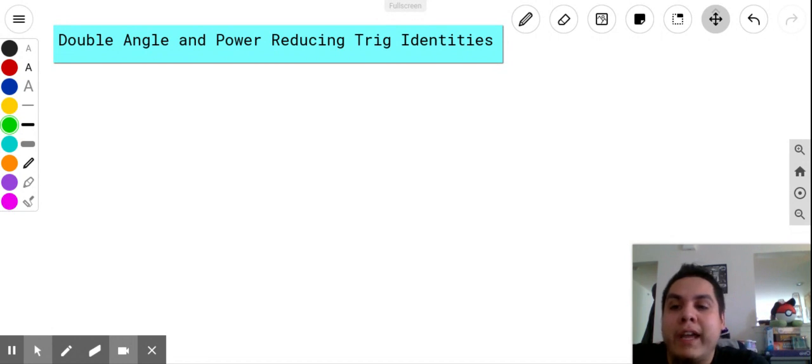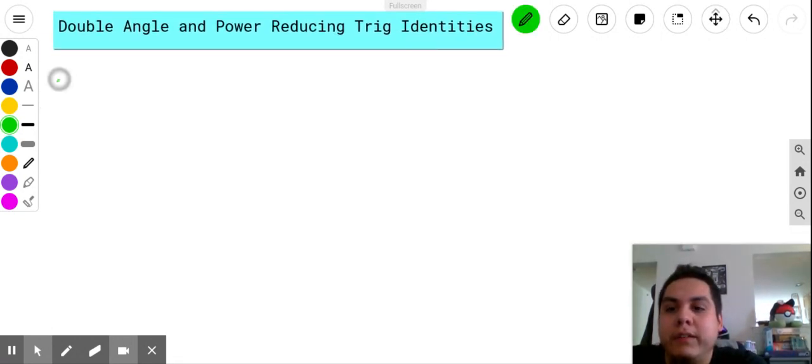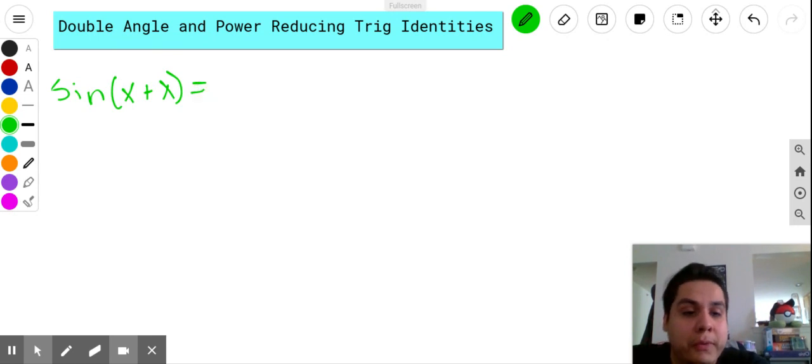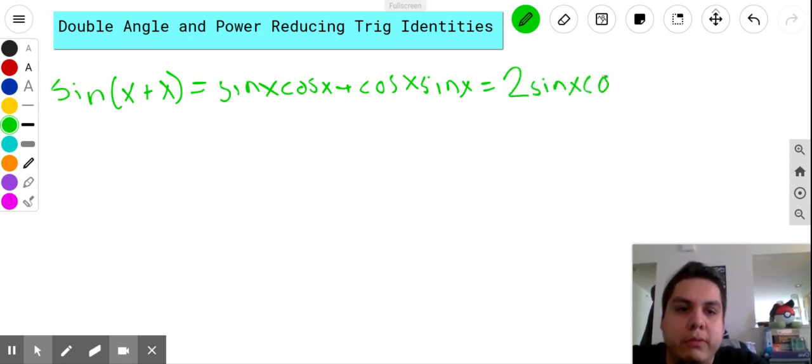So when I asked you to find sine of x plus x, well, according to our sum identity, we know that'll give us a sine of x cosine of x plus a cosine x sine of x, which comes out to 2 sine of x cosine x because you have two like terms here.